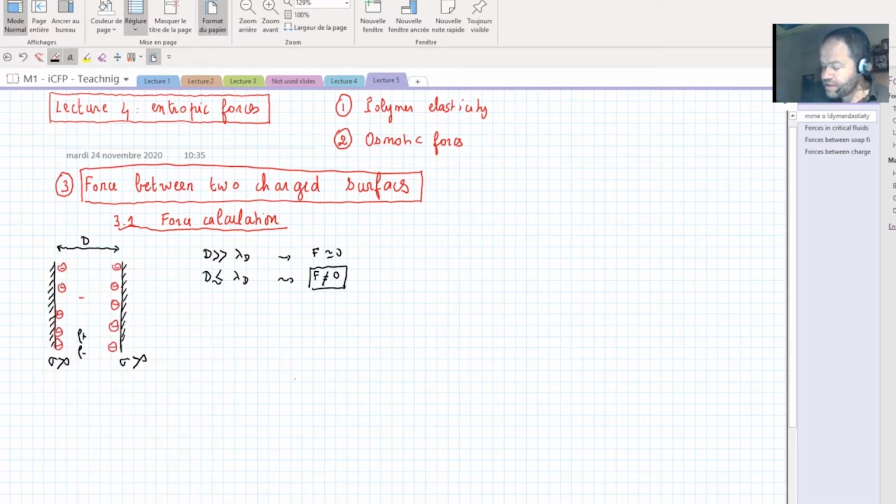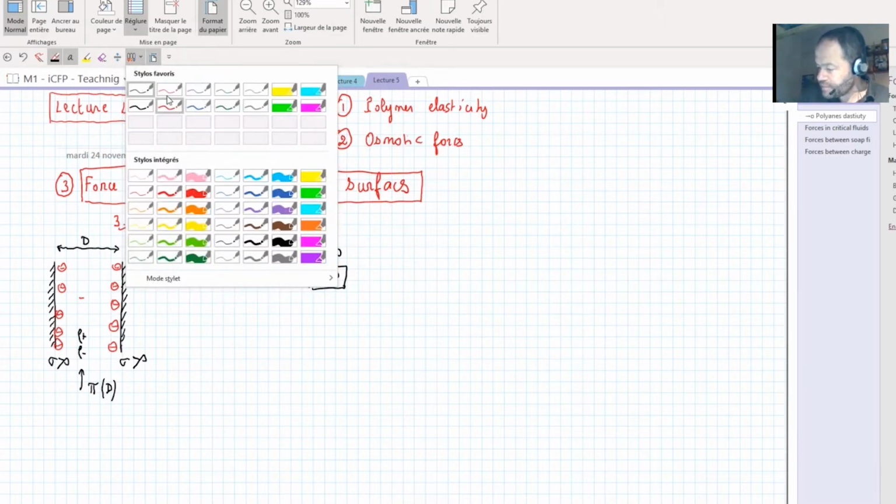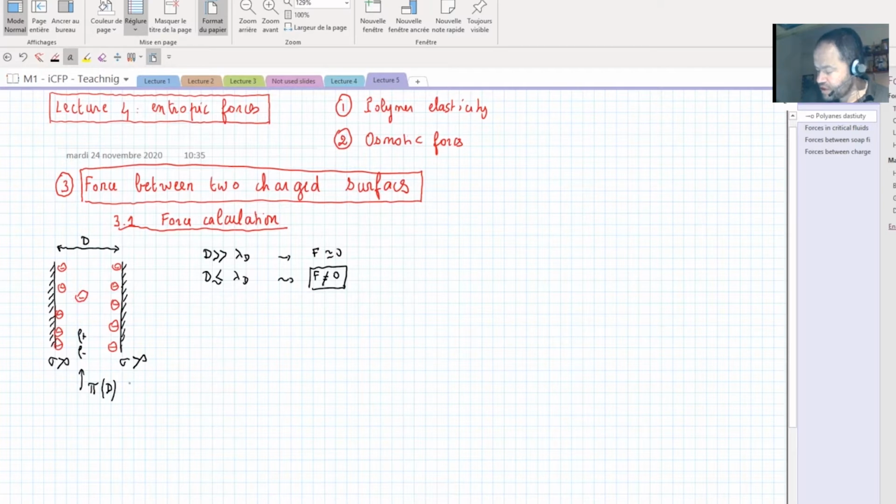will depend on the distance from the wall. What we have is a pressure that I call P, which will depend on the distance between the two surfaces. And this pressure can be dependent on the position in between the plates. And this pressure is an electrostatic pressure.